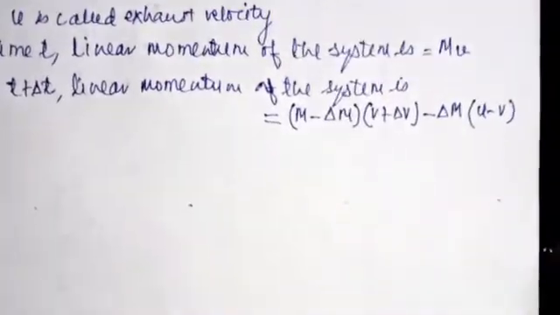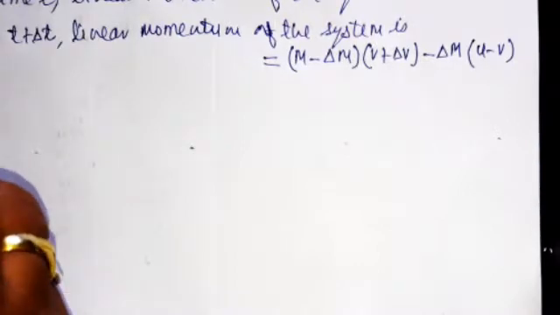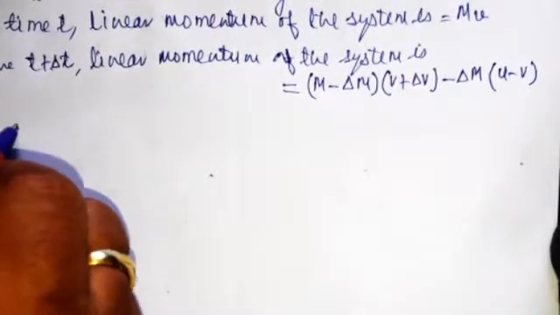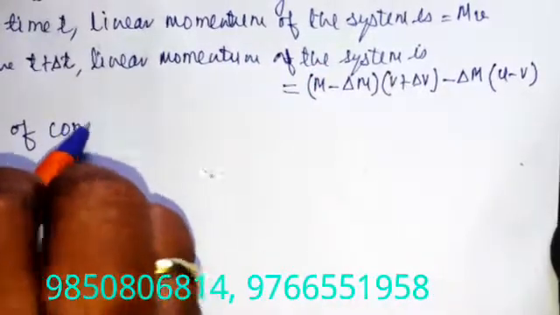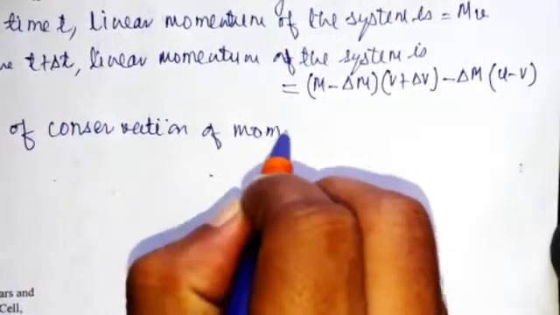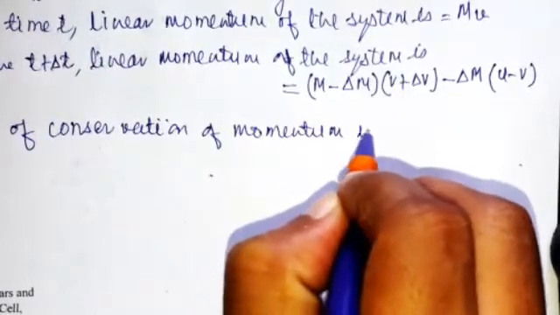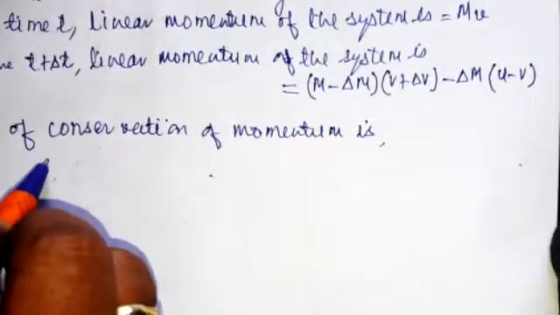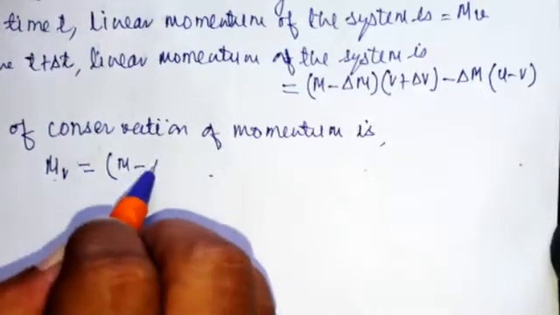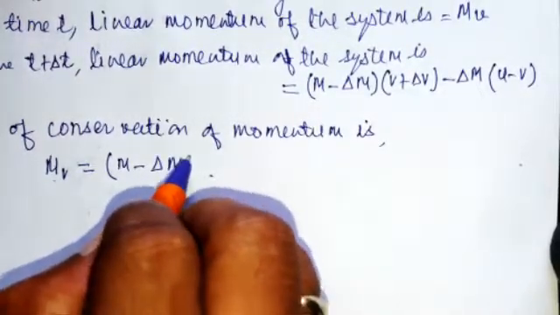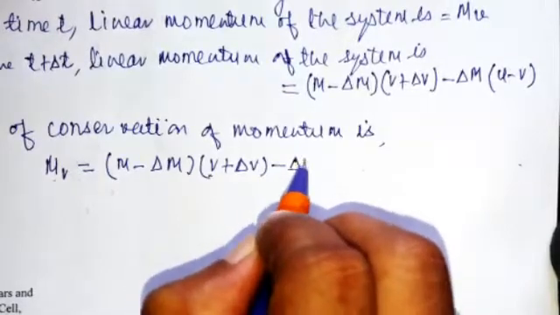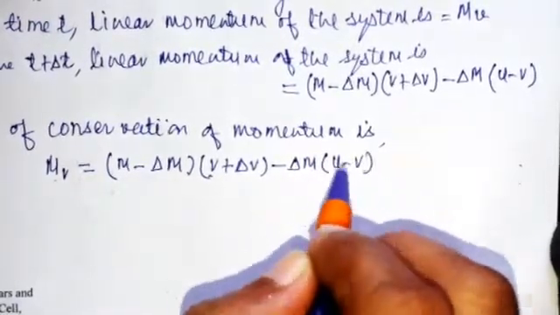So according to the law of conservation of momentum, we can write here, mv is equal to m minus delta m multiplied by v plus delta v minus delta m multiplied by u minus v.